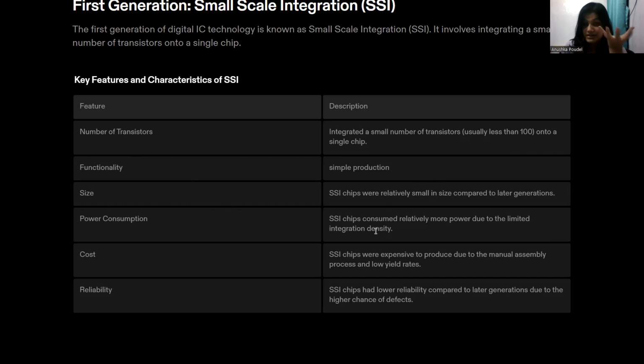That is, the density was low, yet despite that, the chip consumed a really high amount of power, which made it undesirable. Cost: it was expensive to produce due to the manual assembly process and low yield rates. Reliability was comparatively less than in later generations.